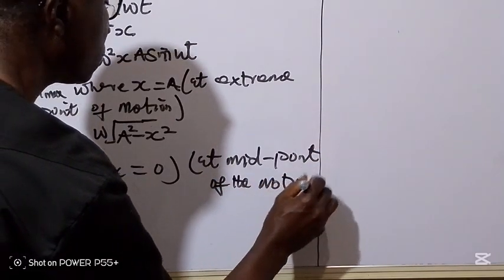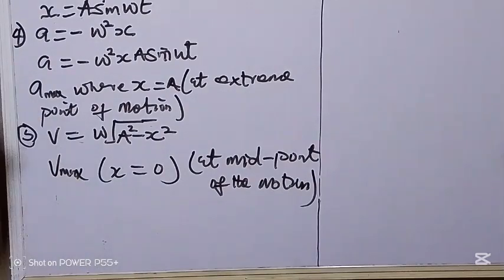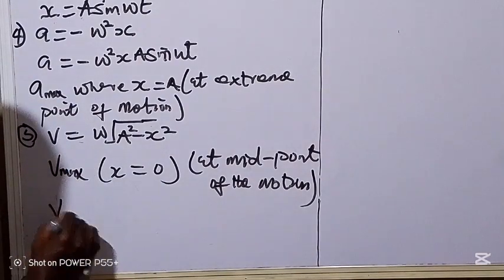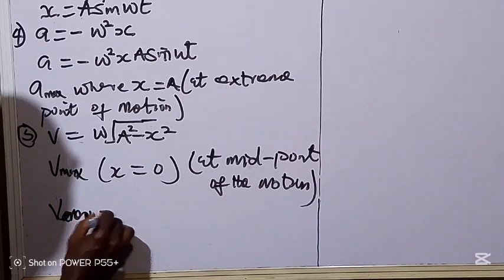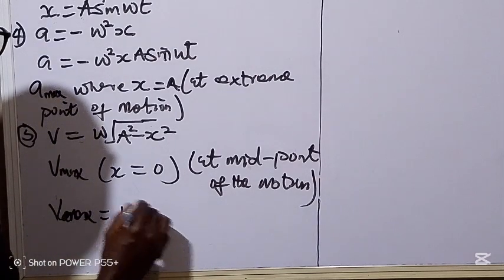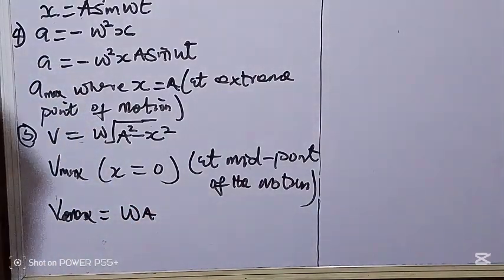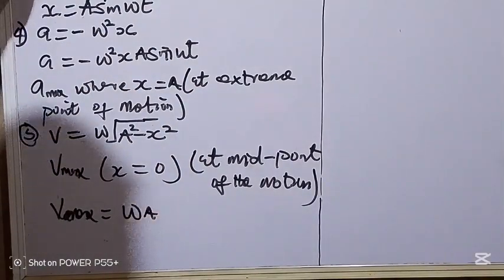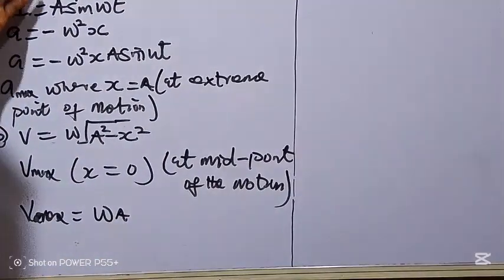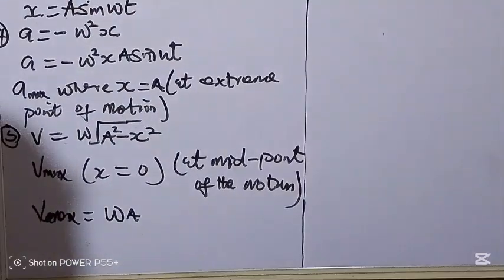Therefore, the maximum velocity v maximum will be equal to omega a. Again, note, we use all these formulas to solve examples.